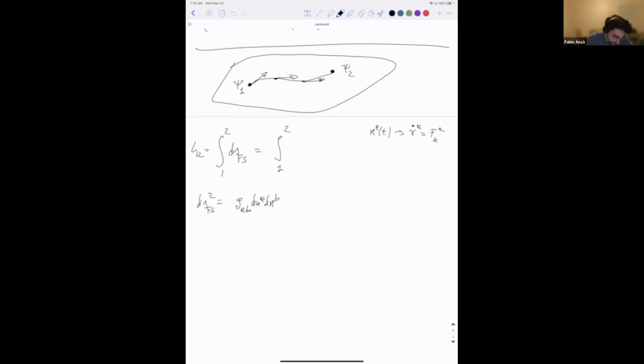So when we look at ds, we have the square root of g_AB γ̇^A γ̇^B dt. And this is just going to be ΔH ΔT, where ΔT is the time it takes to go from 1 to 2.